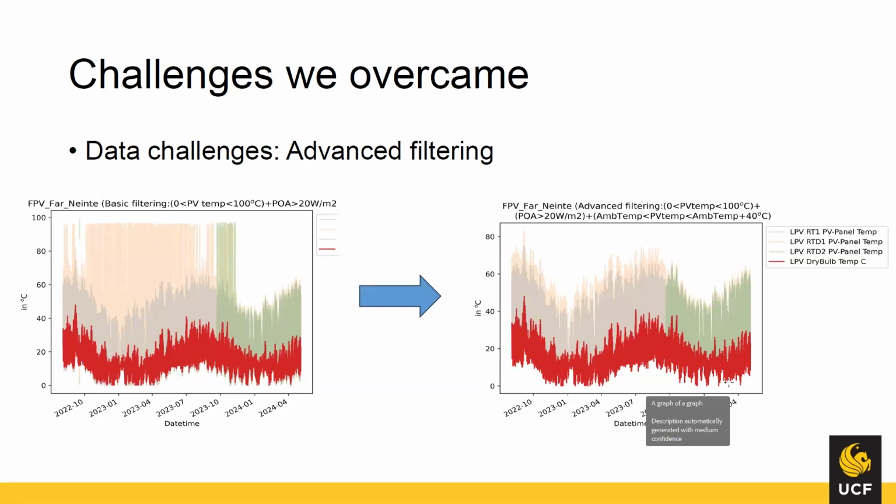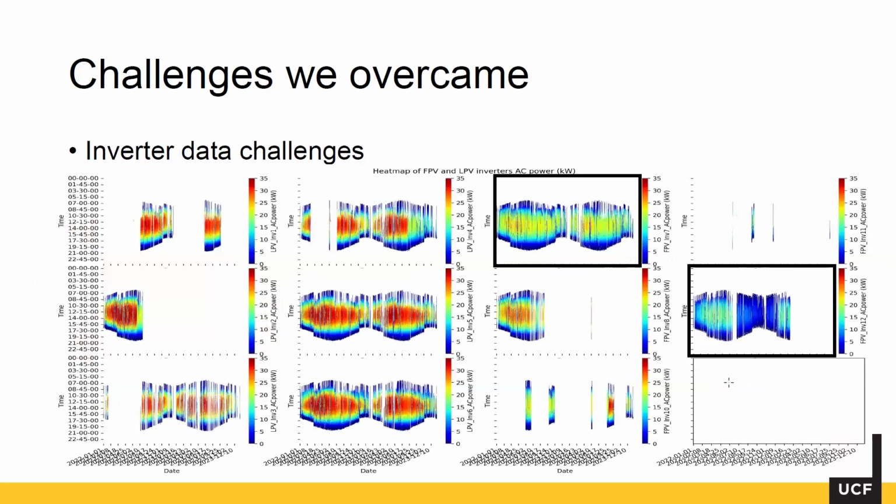Okay, so with this, the next challenges. Not only from our own setup, we also had challenges getting flawless data without interruptions from the inverters. As you can see here from the Farniente site, we have 6 land PV inverters and 6 floating PV inverters.